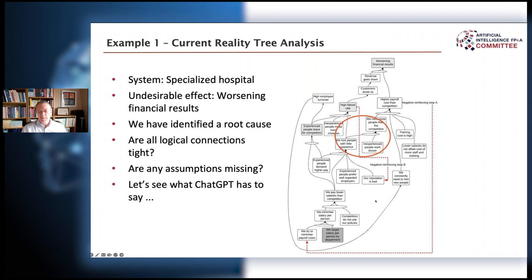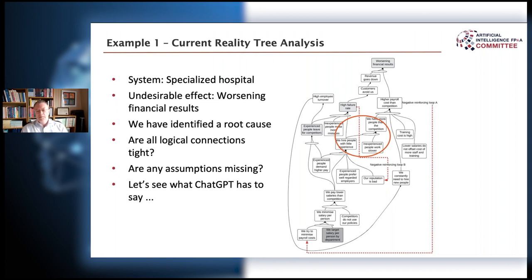So we minimize the salary per person, and if competitors do not use those same policies, we pay lower salaries than the competition. And this, in the end, leads us to lower quality people, people with less experience. The good people leave for the competitors.